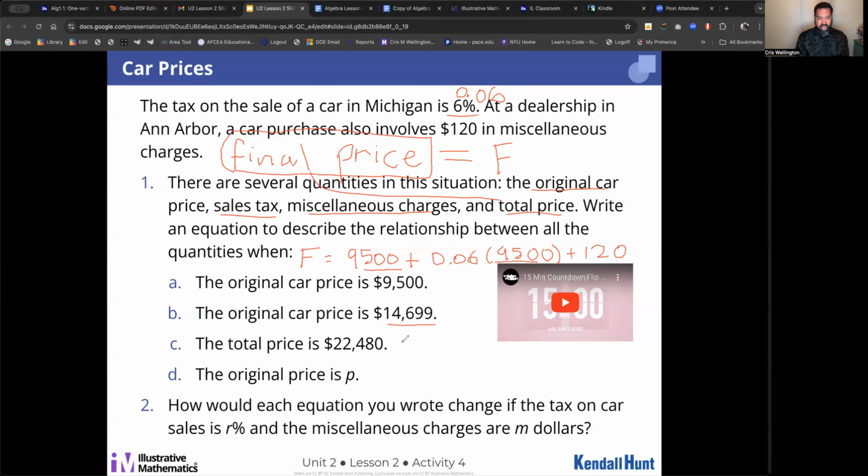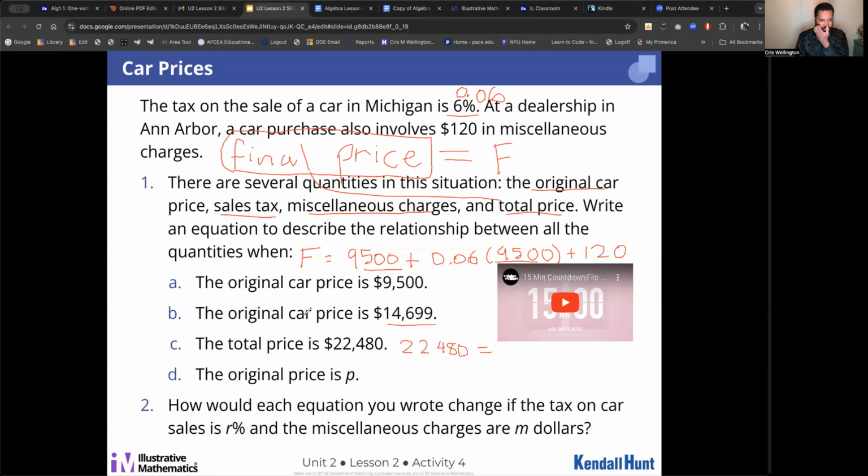Now part C is different, I want to do it differently. You were told that the total price is $22,480. You are not told what the original price is.